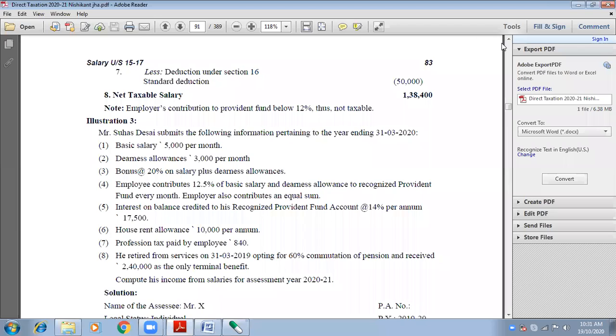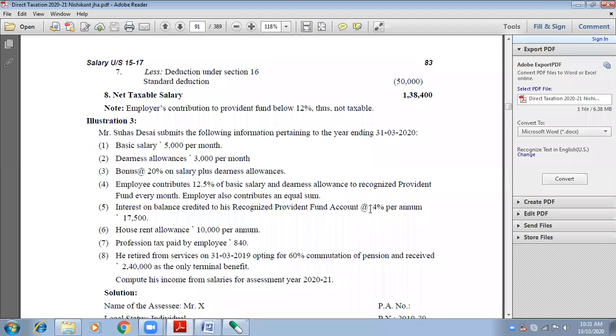9.5% on what? See, this is the way to calculate. Now 17,500 is given already. That means the amount of interest that you have received is 17,500. And what is the rate of interest that you have received? 14%. Now this 17,500 is 14%.